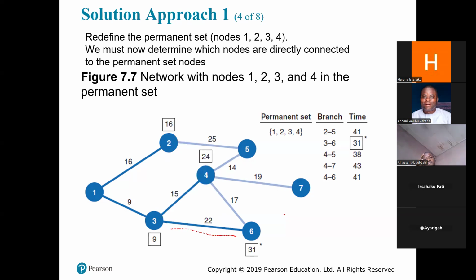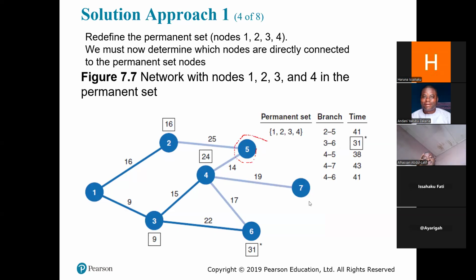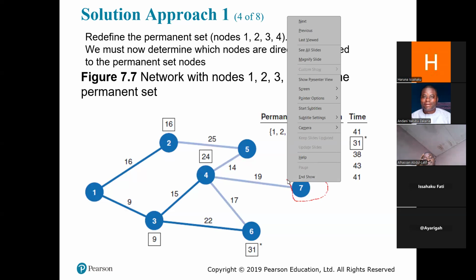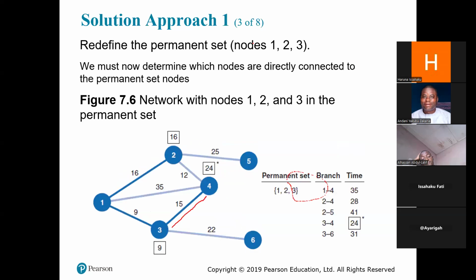Now, we are left with only 2 unconnected nodes. So the next thing is for us to determine all the nodes that are directly connected to the new permanent set. And you will see that, so you determine that from here.